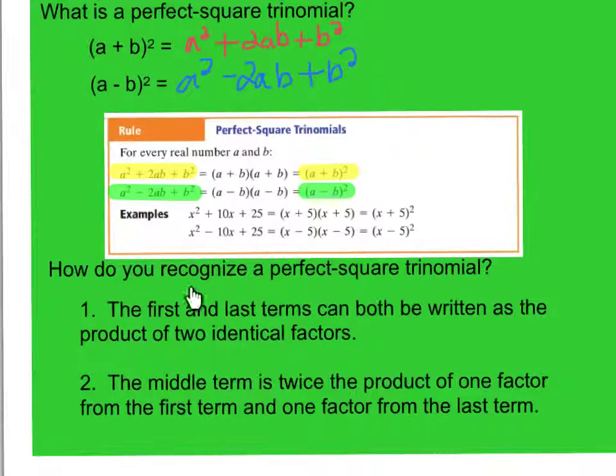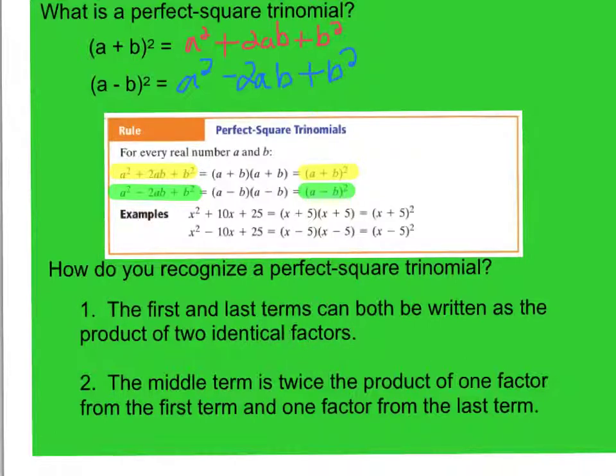Down here it says, how do you recognize a perfect square trinomial? Well, here's how I'll tell you. You look at the first term and you say, is it a perfect square? And is the last term a perfect square? So that's the first part.